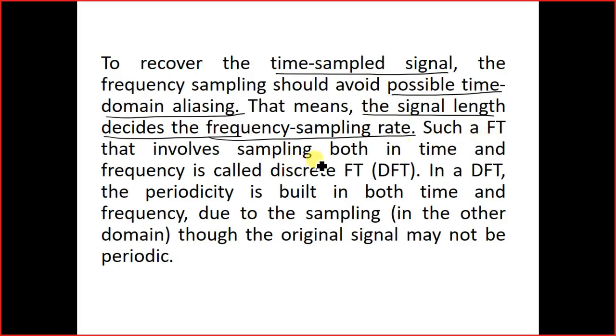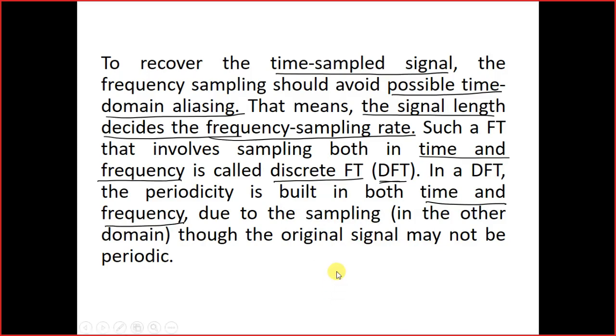Such a Fourier transform, which involves sampling both in time and frequency, is called the discrete Fourier transform, DFT. In a DFT, the periodicity is built in both time and frequency due to the sampling, though the original signal may not be periodic in nature.